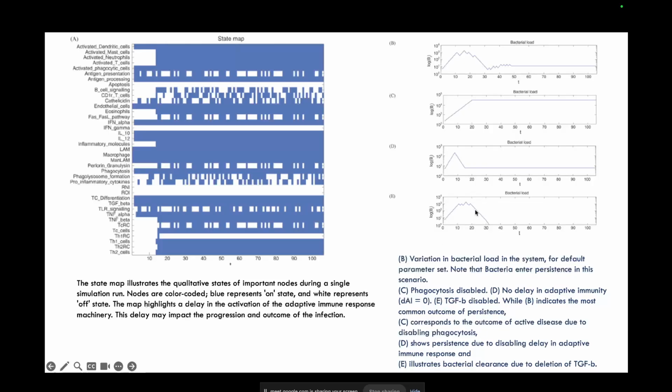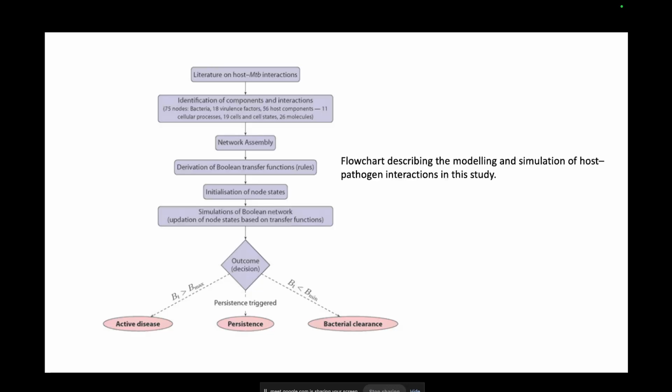And the final one is showing bacterial clearance due to deletion of TGF beta. So these are the different models and how these different things work under different conditions. This was a good example of that.